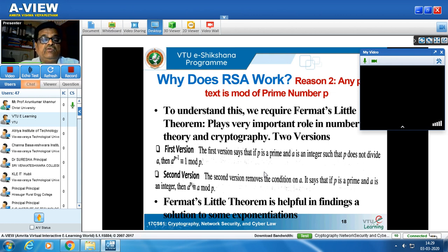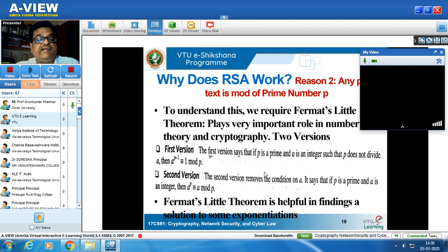Please note here, we are making use of mod. Mod is actually only talking about the remainder. When we carry out the operation of division, we are going to get the value of quotient and remainder. When we are making use of the symbol with the 3 horizontal lines, it is indicating that we are interested only in the remainder.